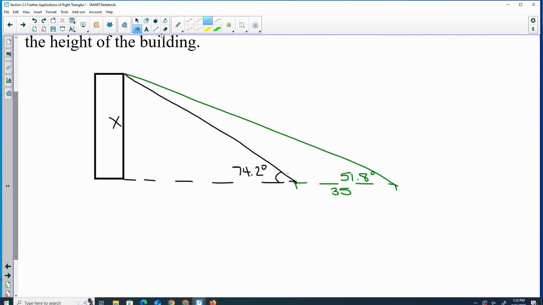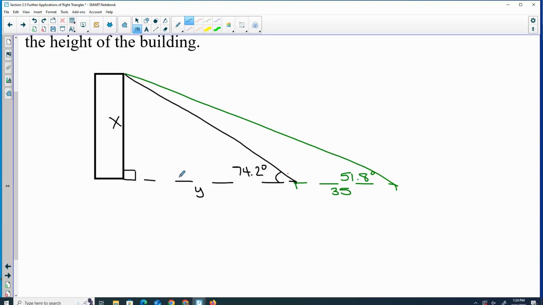Alright, so we can assume that a building makes a right angle with the ground. How many right triangles do we have? Two. Now, unfortunately, I don't have enough information in either triangle. If I'm going to be able to solve it, I need at least one side. The first triangle, if I call this y for a second, I have my opposite and adjacent.